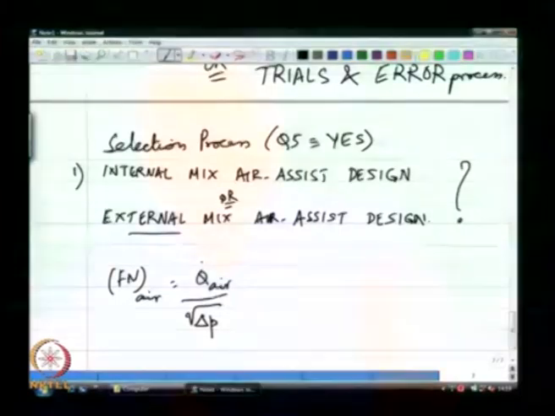Because this is an external mix, the air passage is like a separate fluid dynamic passage in relation to the fuel side. So, I can calculate a flow number for the air side as well as a flow number for the fuel side, and typically using these two numbers you can choose an air assist design model.